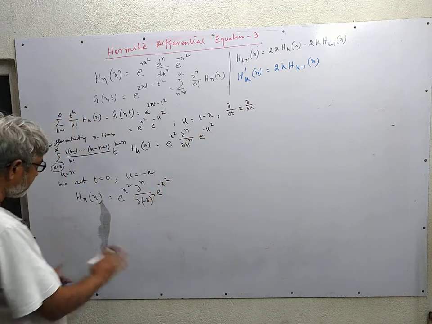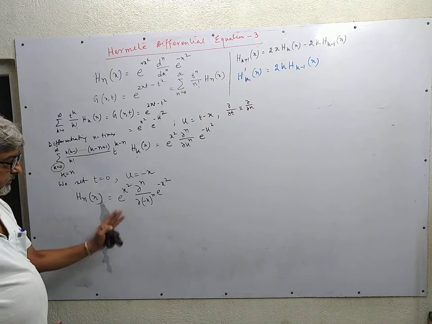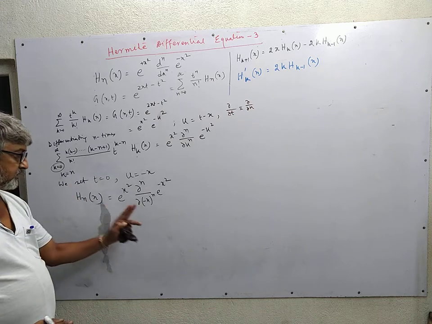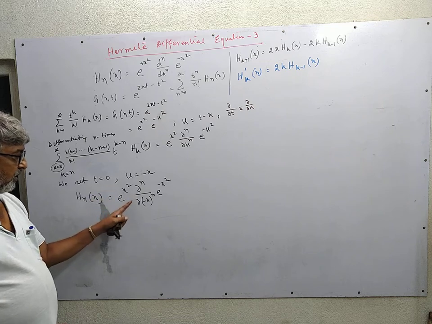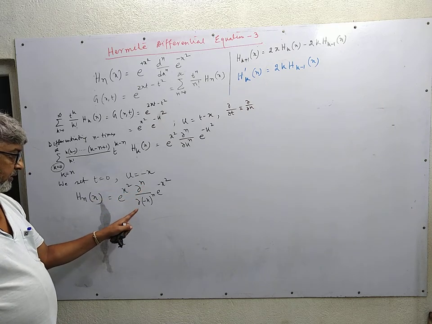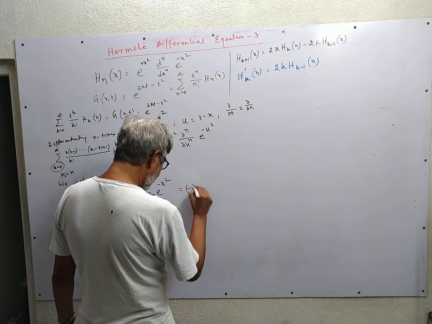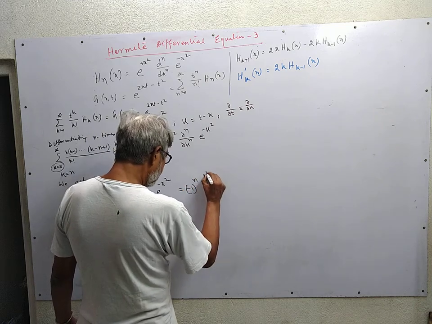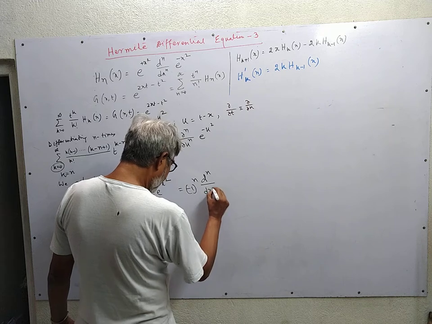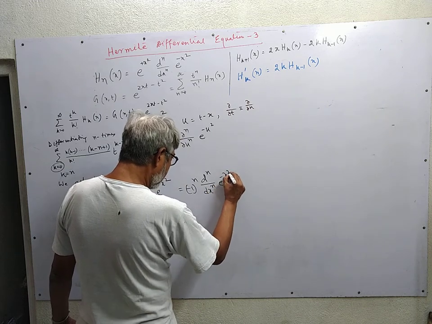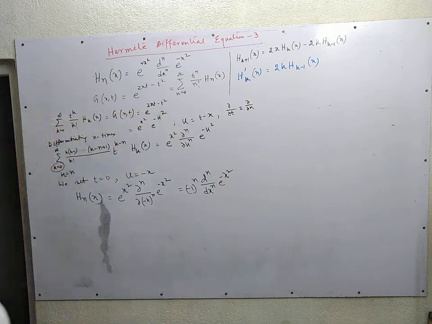Since there is no other derivative variable other than x with this restriction, we may replace the partial derivatives by the total derivative, and this becomes minus 1 to the power n, d n by dx n of e to the power minus x square. So this is an alternative derivation of Rodrigues' formula using the generating function.